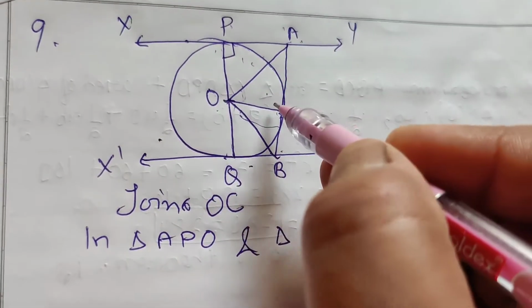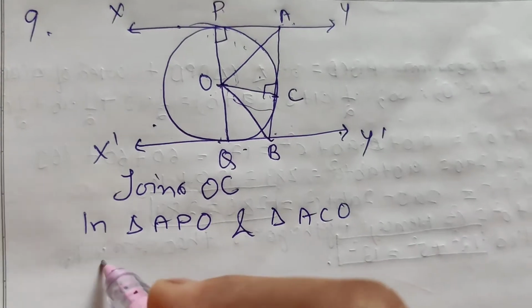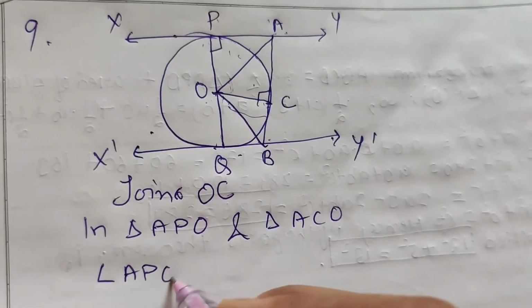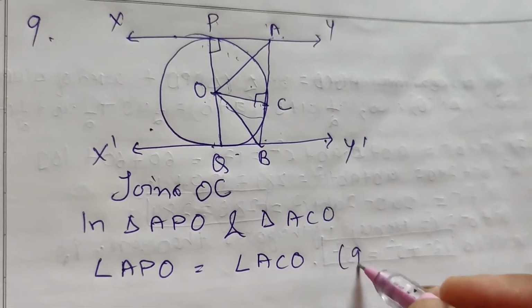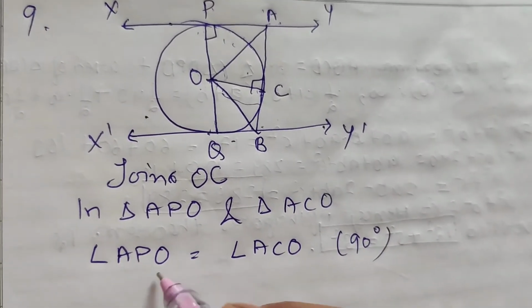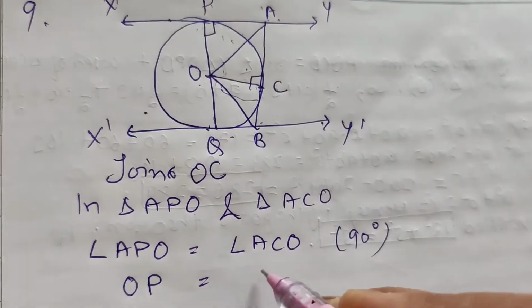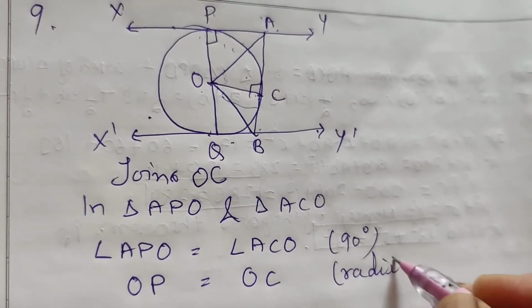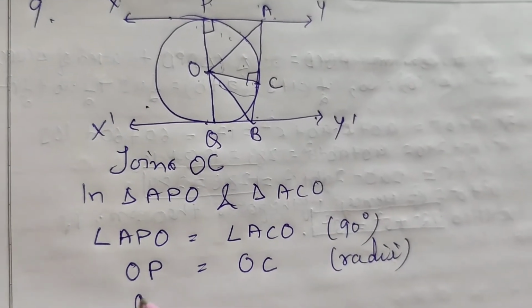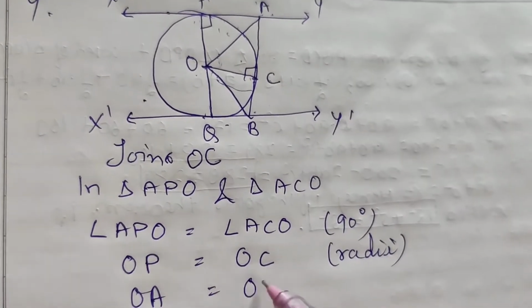One angle is 90 degrees: angle APO equals angle ACO, each 90 degrees. OP equals OC, the radii. And the third is OA equals OA, common.